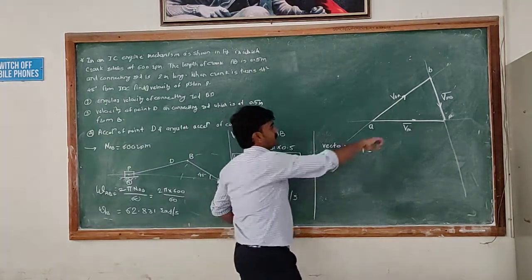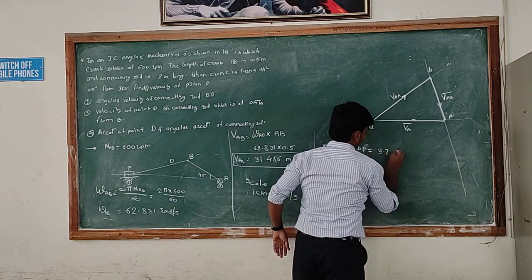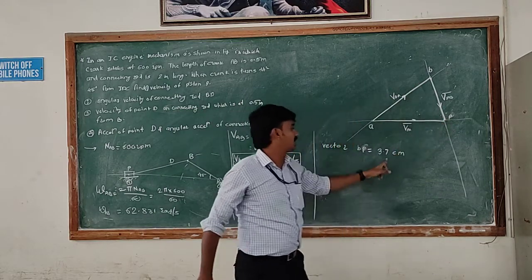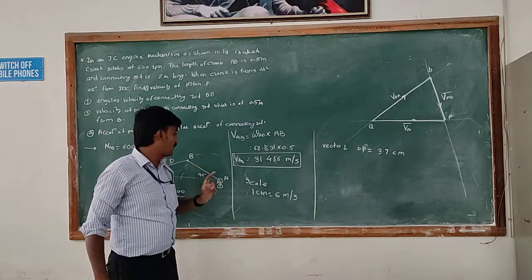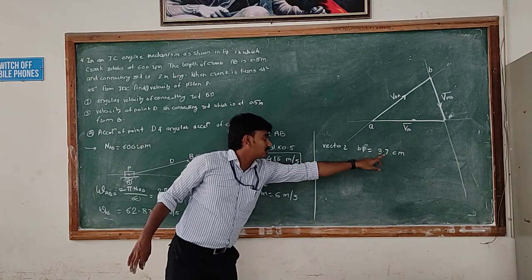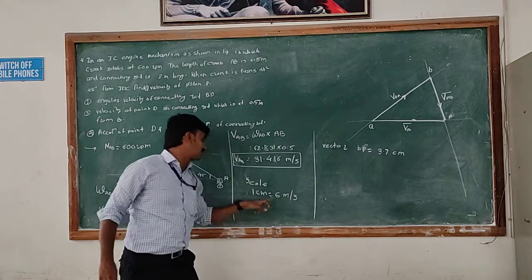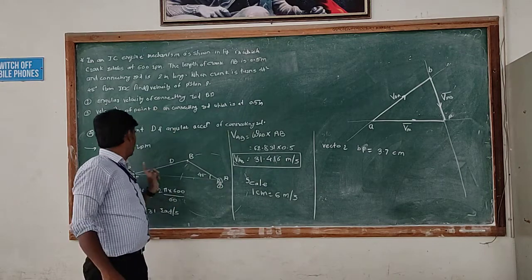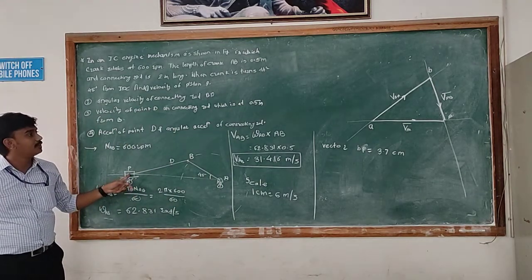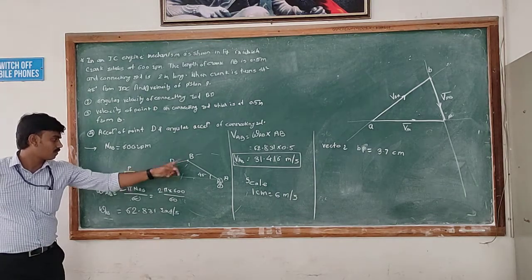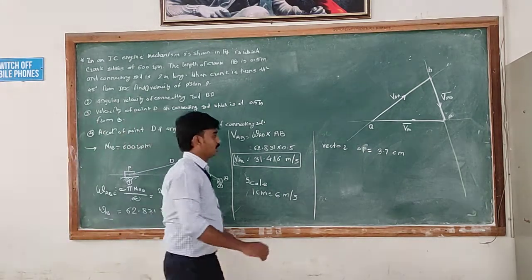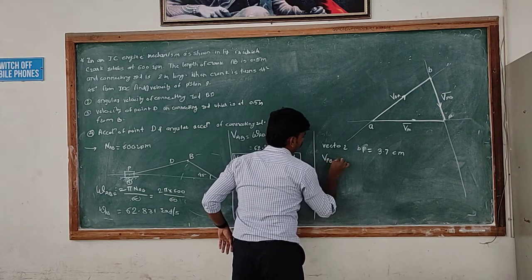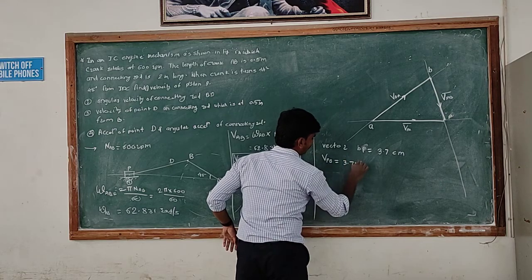If we measure this vector, it becomes 3.7 centimeter. Multiply this 3.7 centimeter by the scale, and we will get the velocity of the point P with respect to point B. So V of P with respect to B is equal to 3.7 into 6.